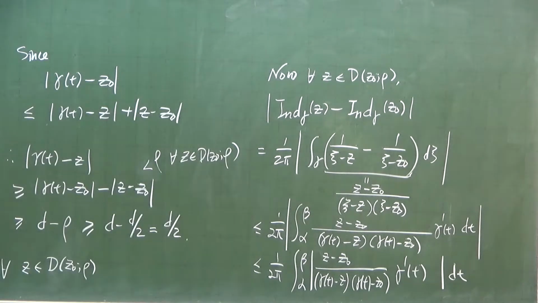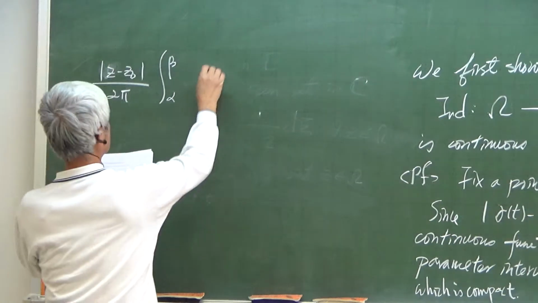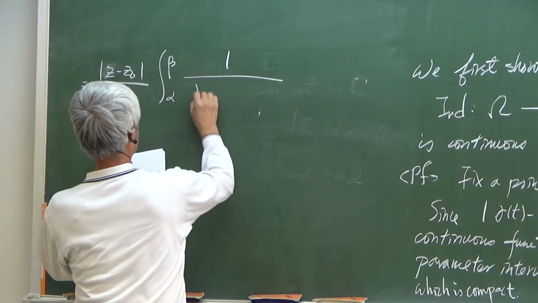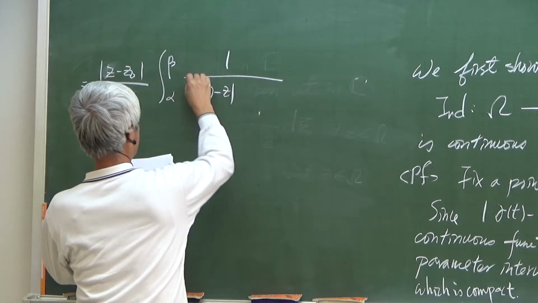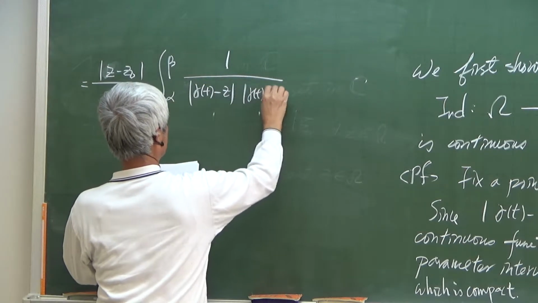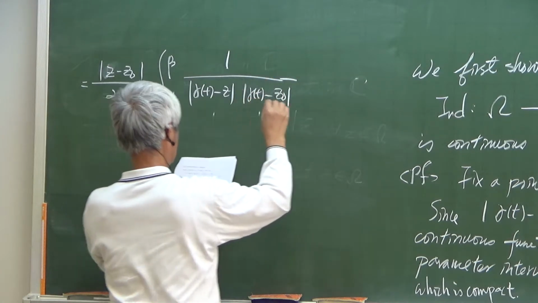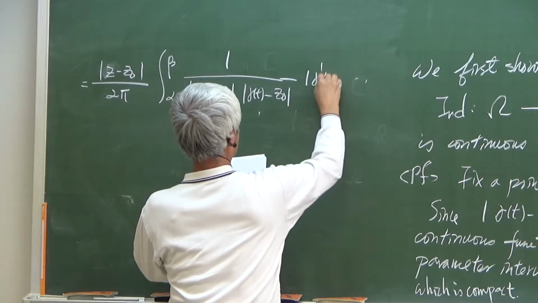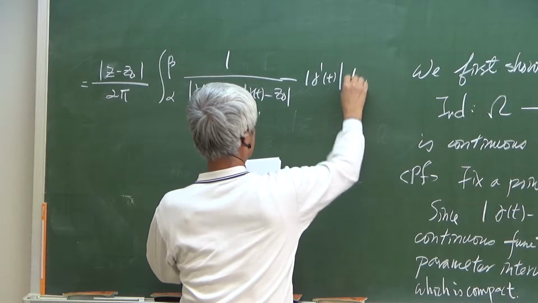And so this is z minus z0, 2 pi, alpha to beta, 1 over gamma t x value, gamma t minus z0 x value, and gamma derivative.